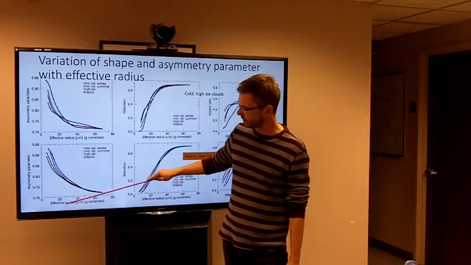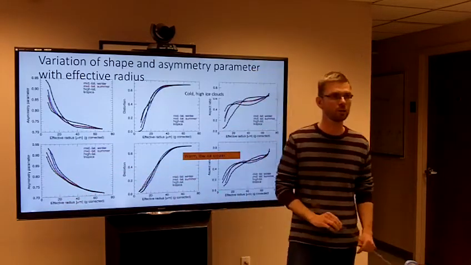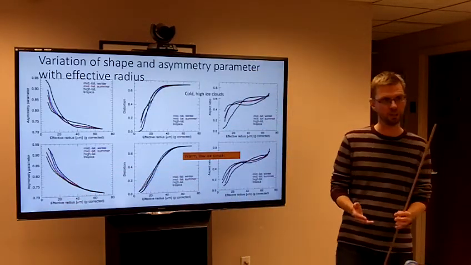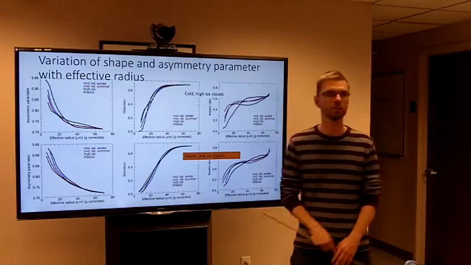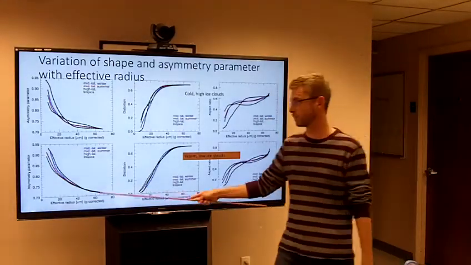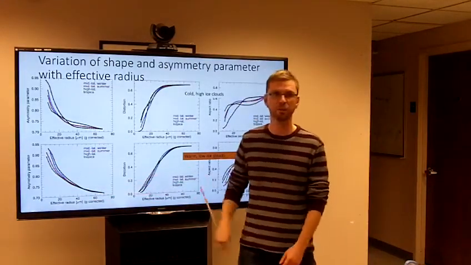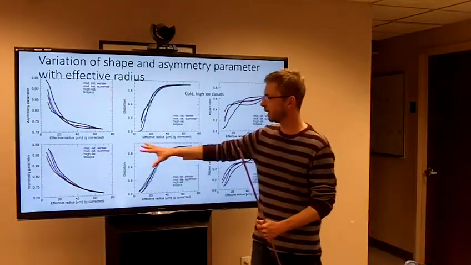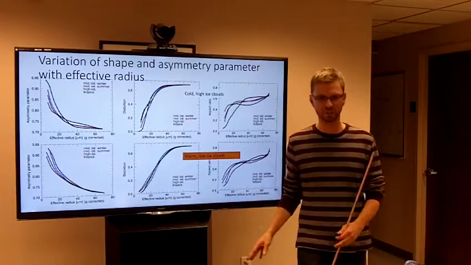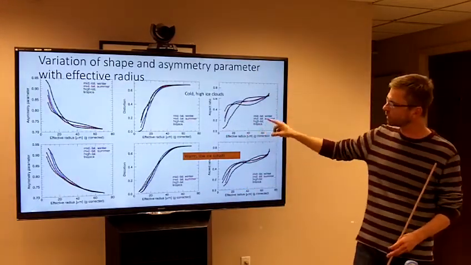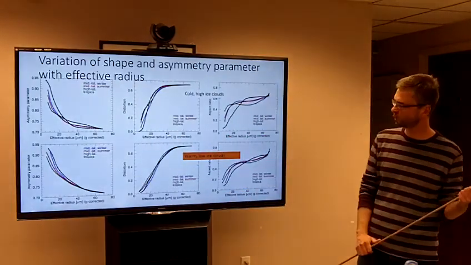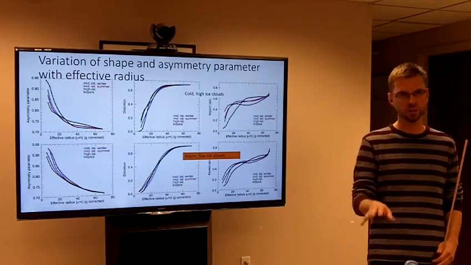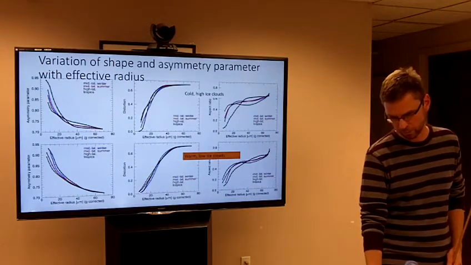One caveat is that these retrievals are not independent, because this effective radius is corrected for the asymmetry parameter. So part of this behavior you get from this correction. However, I want to make the argument that this is actually what we probably expect, also given new laboratory measurements.